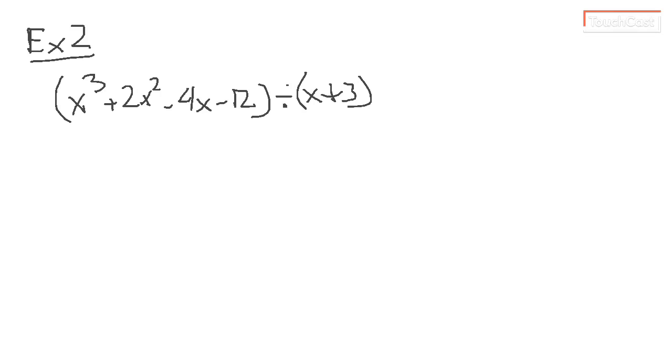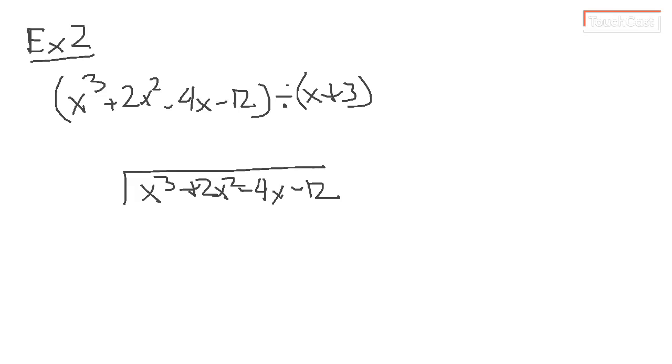So we're going to start by putting x to the third plus 2x squared minus 4x minus 12 in our little division box, and then x plus 3 outside.